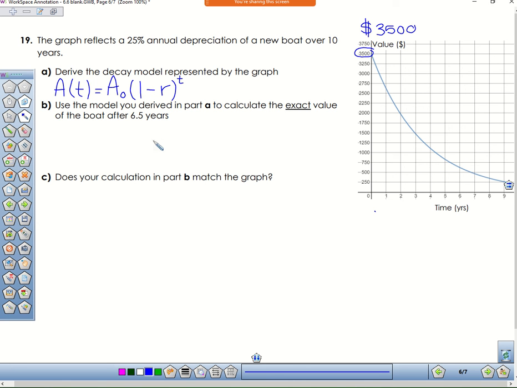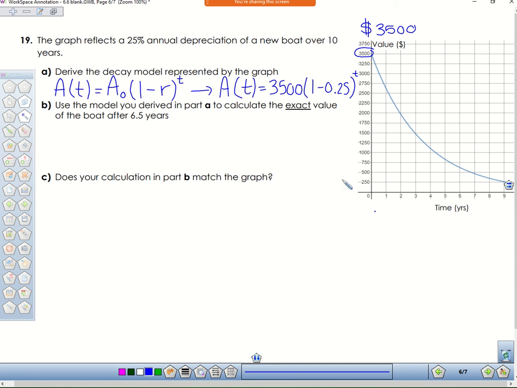So this is the formula we would use because this represents exponential decay. And then from here, we're just going to be plugging in for the initial amount, which is $3,500, and the rate, which is 0.25. So that would be your formula. Now, I'm kind of out of room, but if you want to actually simplify this, 1 minus 0.25 is 0.75. So you could have also replaced that with 0.75.